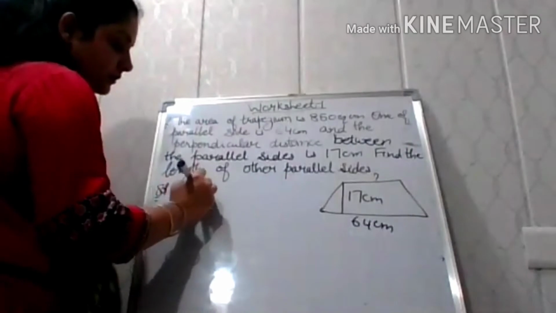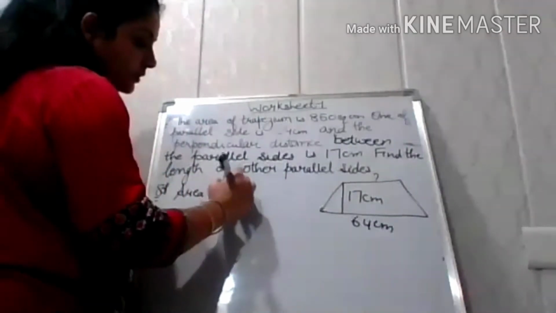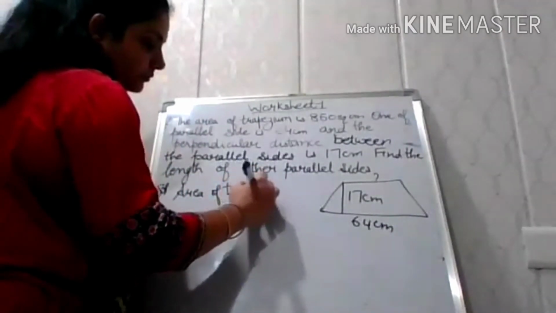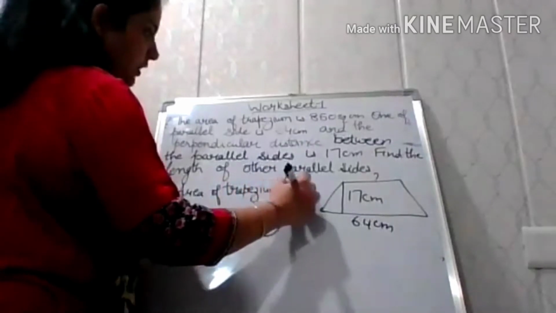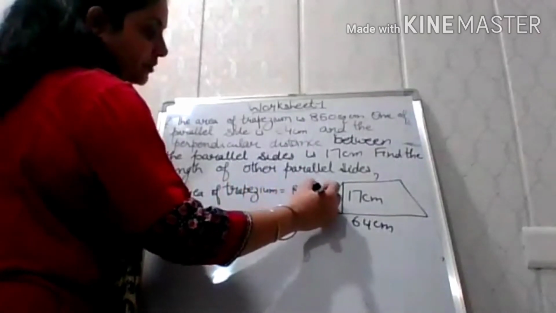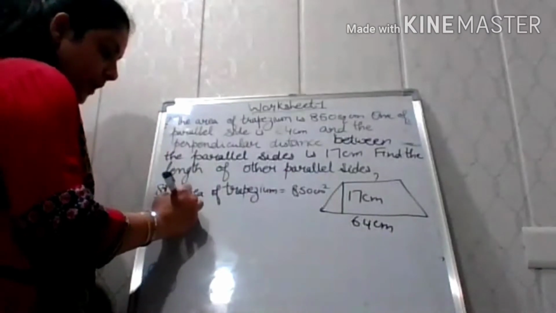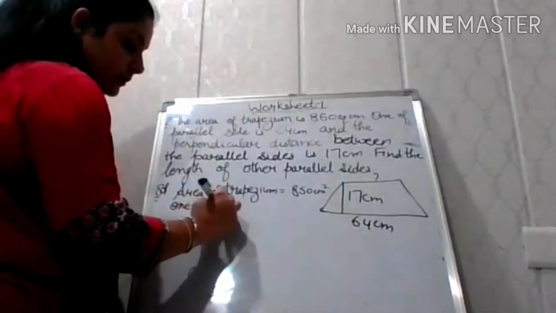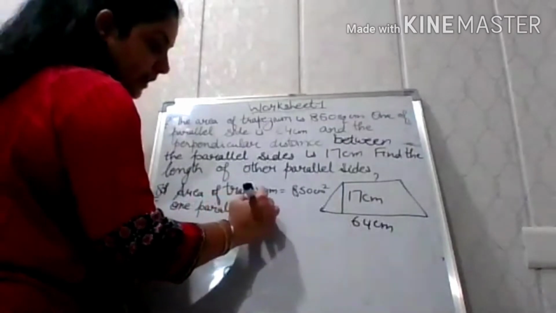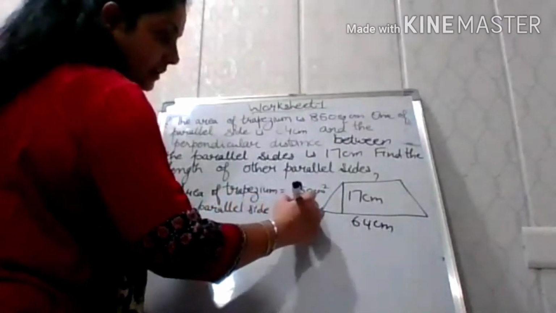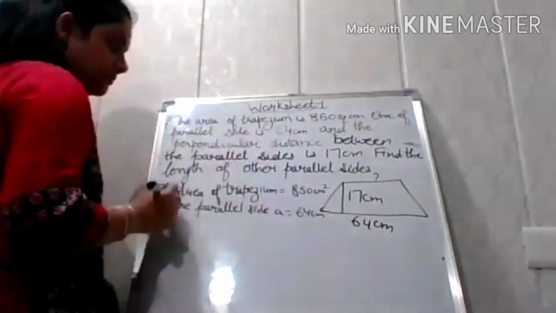Area of trapezium, what they have given? 850 centimeter square. One parallel side, let it be A, is equal to 64 centimeter.